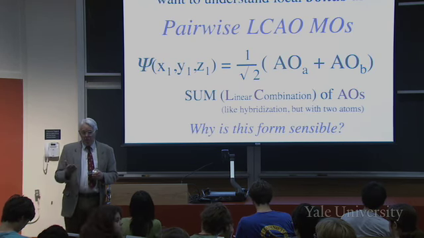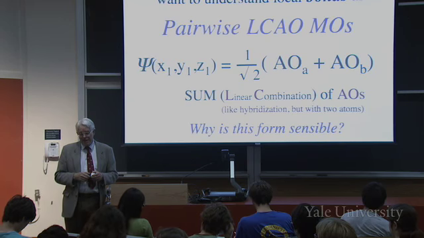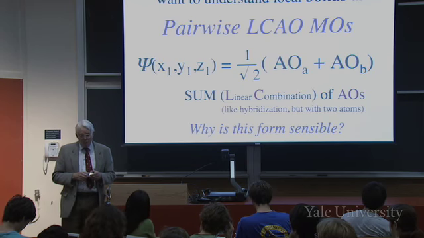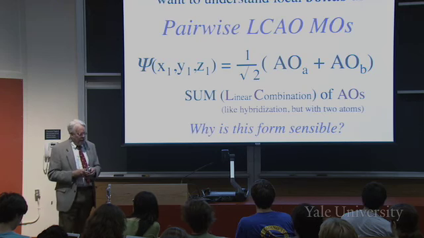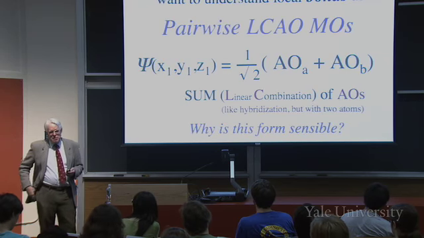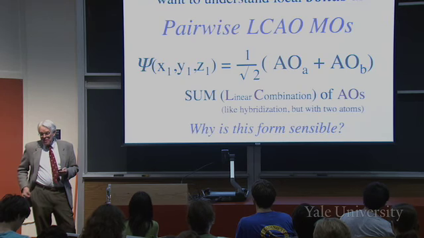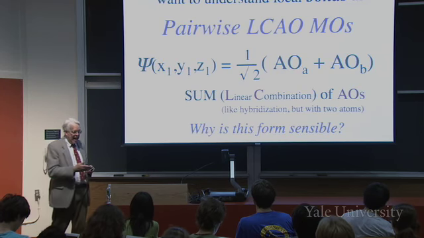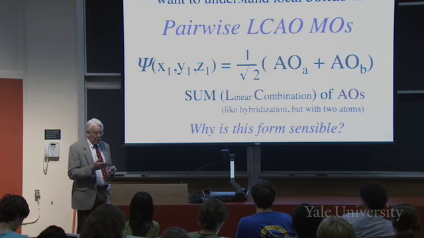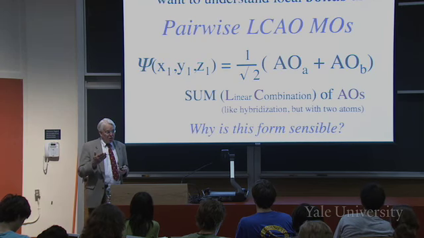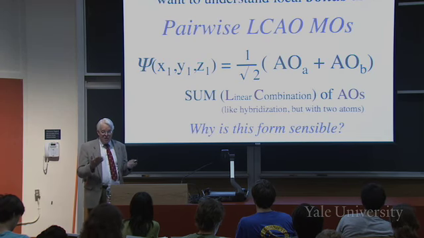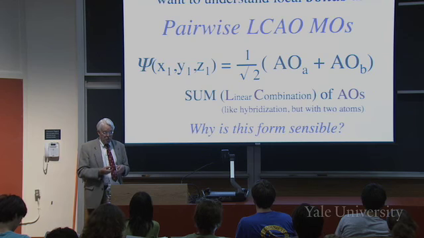From the wave function. You have the wave function. How do you get the probability? Density. You square this. You square it. So do you see why we have a 1 over the square root of 2 in this? Because when we square it, that's going to be a half. And we're going to get a half of atomic orbital A squared and of atomic orbital B squared. So it's a half of each of them. That's why we have the 1 over the square root of 2.